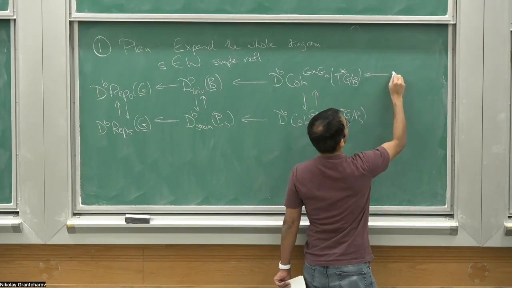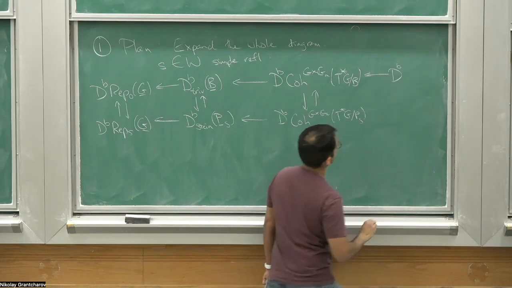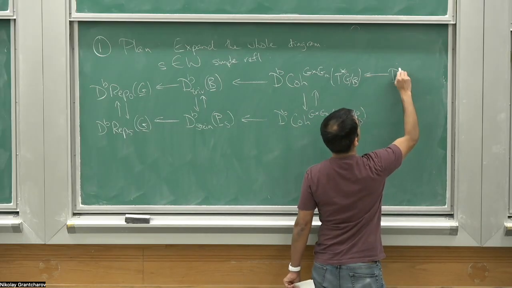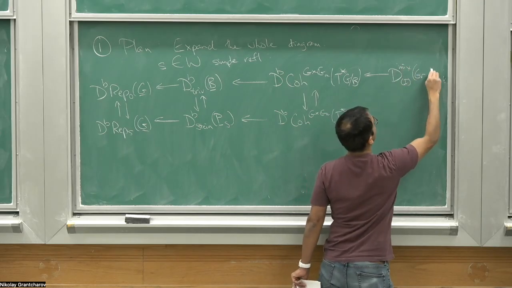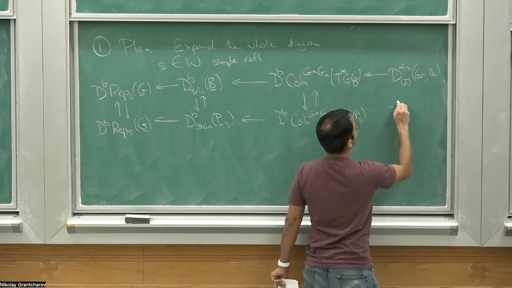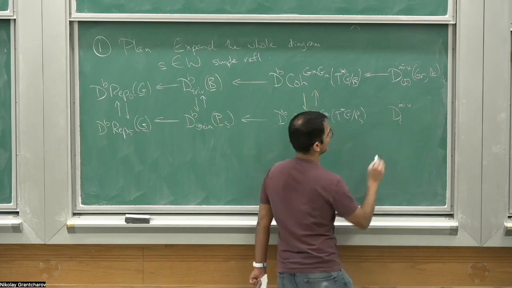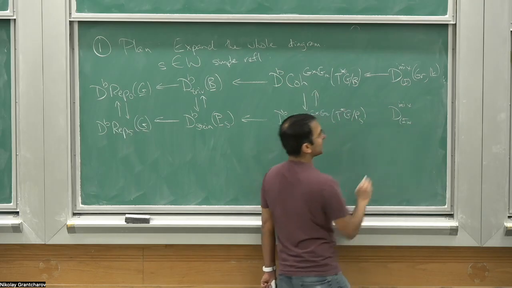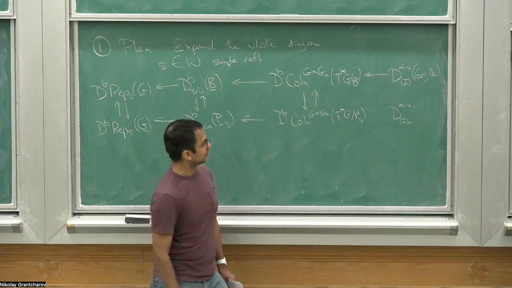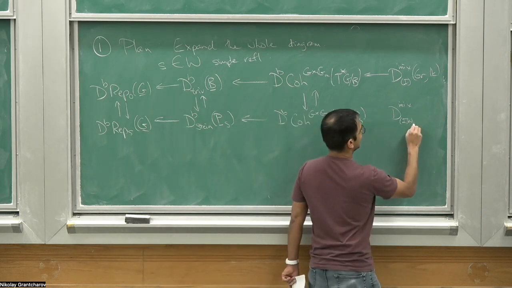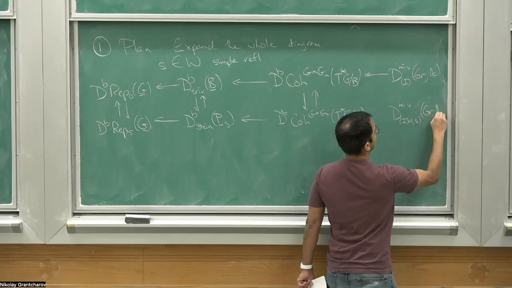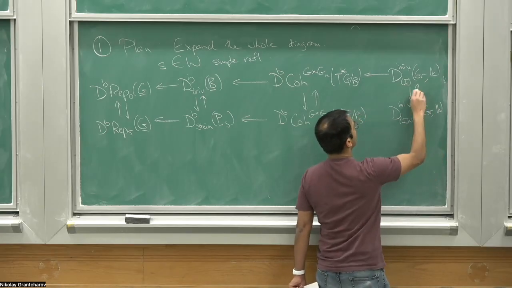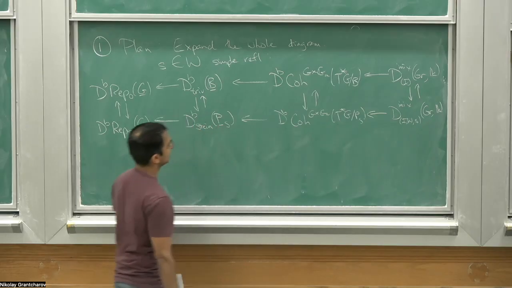And the last step is here's a D^mix_IK, and the analog here is, I'm going to put IW, and the IW stands for Iwahori-Whittaker. So there's some Whittaker condition involving S, and there are averaging functors that go back and forth here.